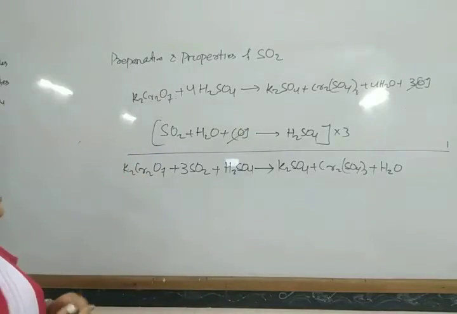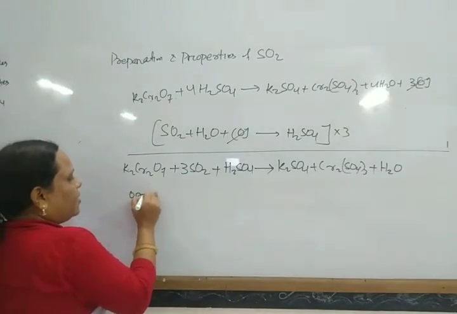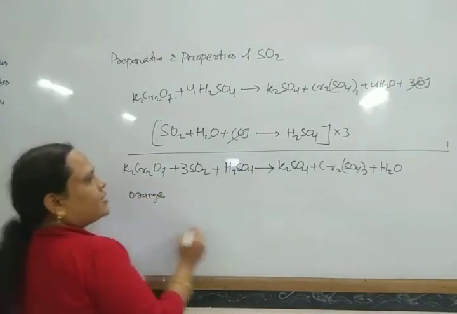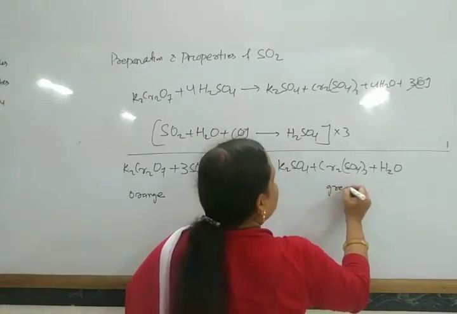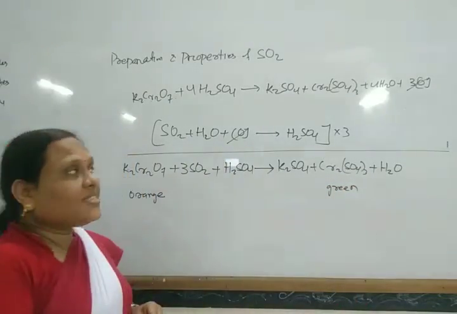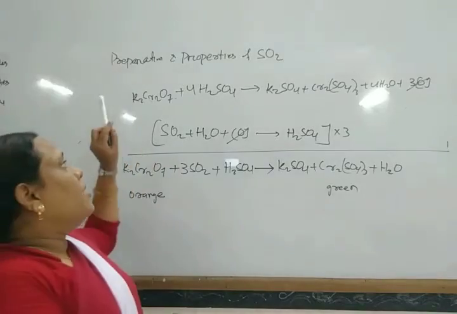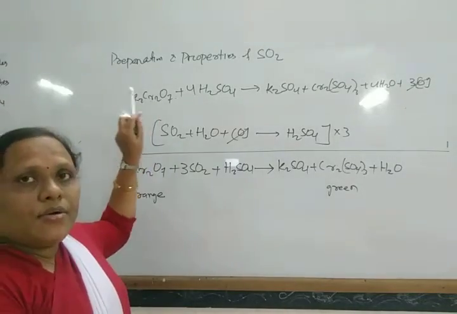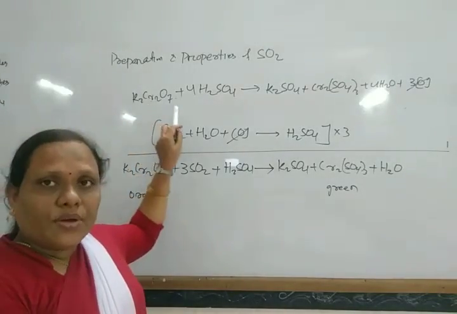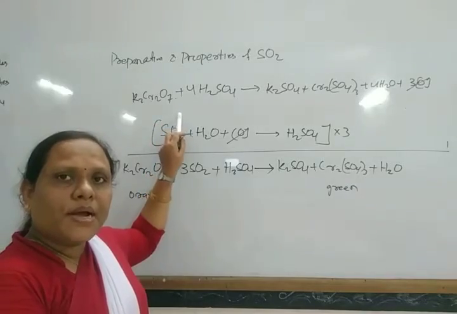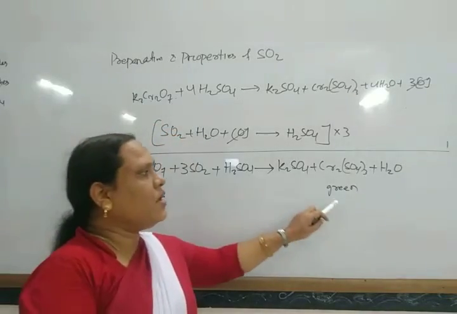In this way, the orange color of acidified potassium dichromate is converted to the green color of chromium sulfate.